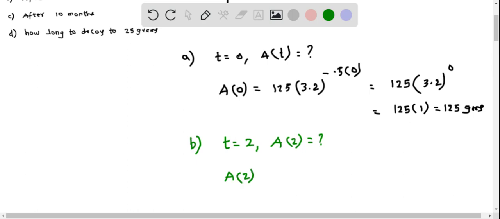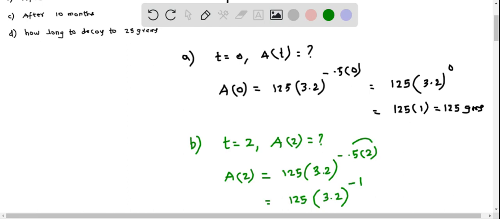This becomes 125 times 3.2 raised to the power of negative 0.5 times 2, and this equals 125 times 3.2 raised to the power of negative 1, since 0.5 times 2 is 1.